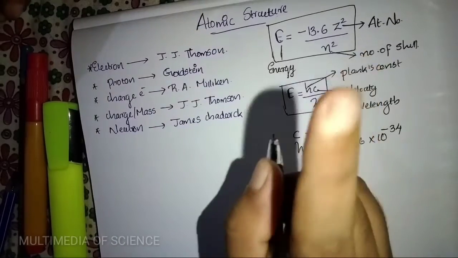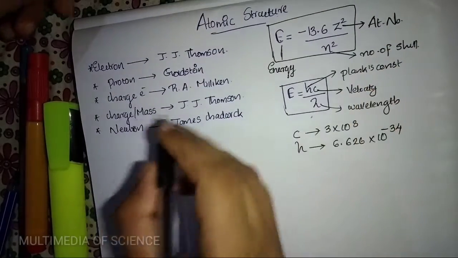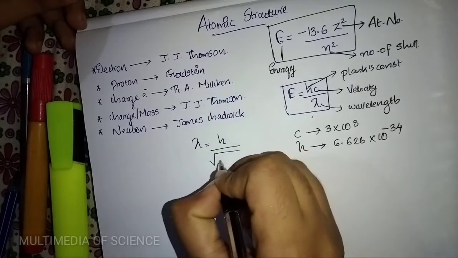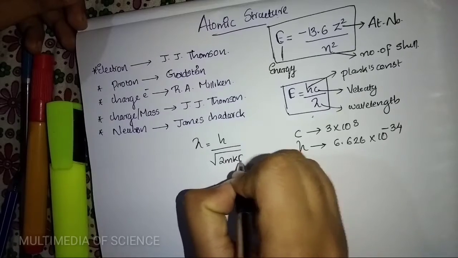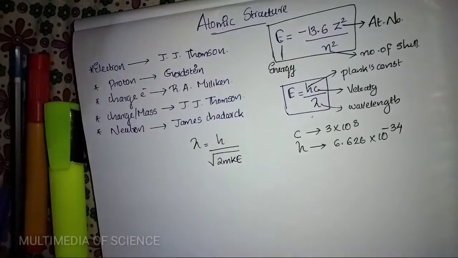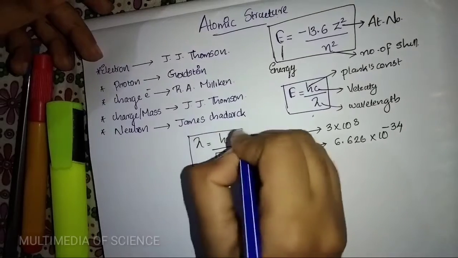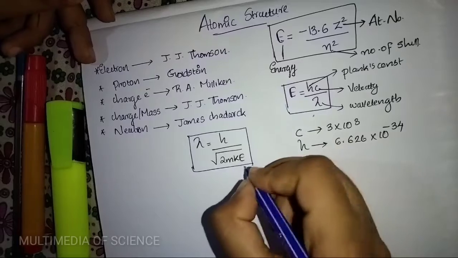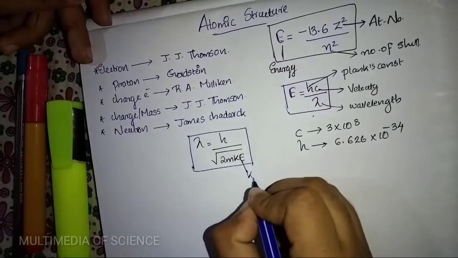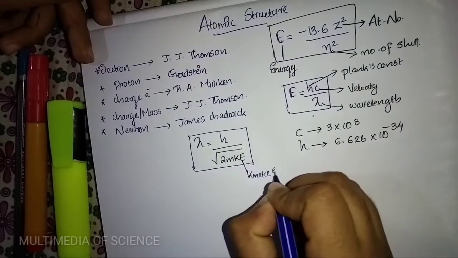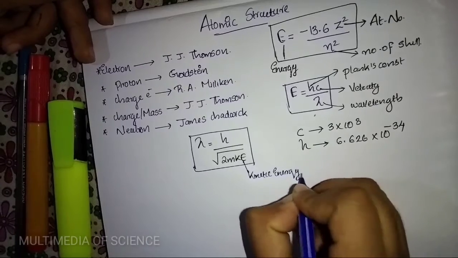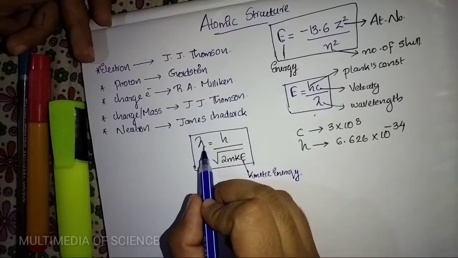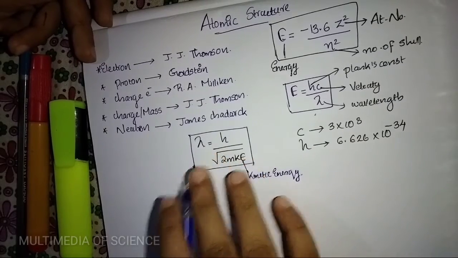The first, in terms of kinetic energy, is lambda equal to h divided by root of 2mKE, where KE represents the kinetic energy. H is Planck's constant, the same value, and lambda is the wavelength. Clear?